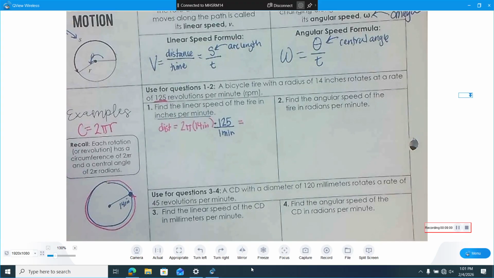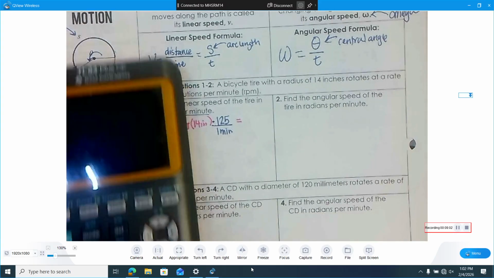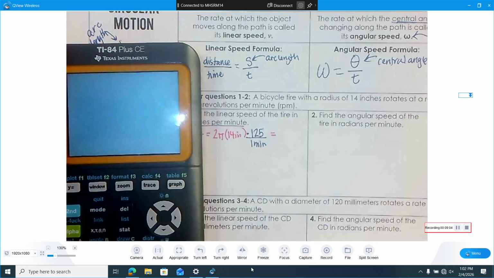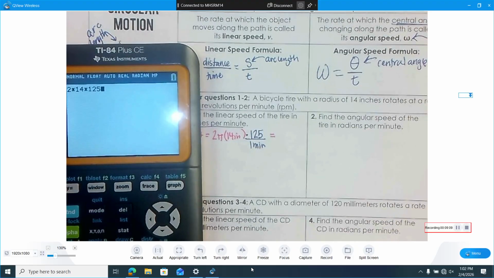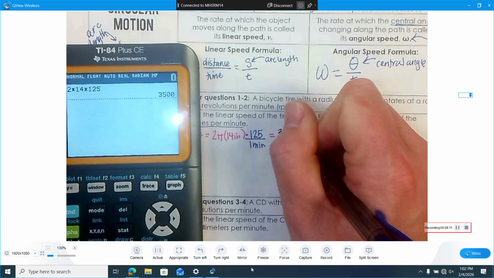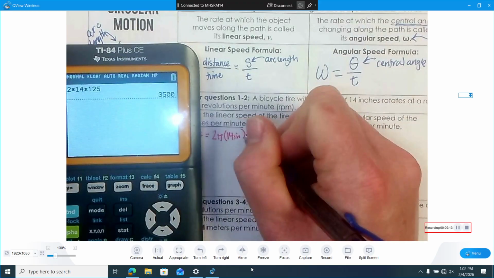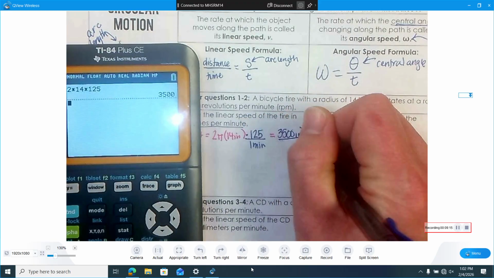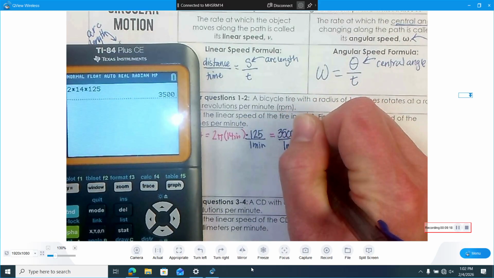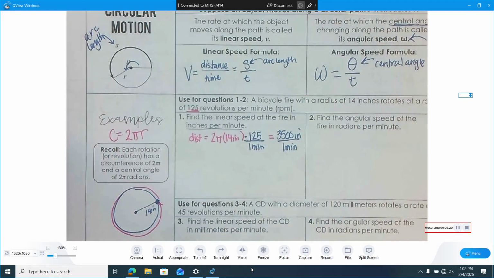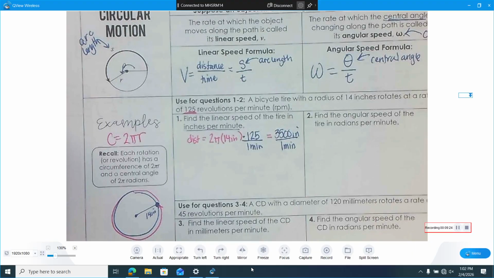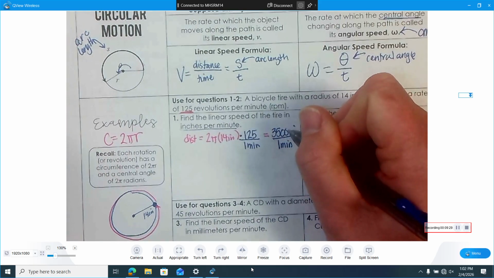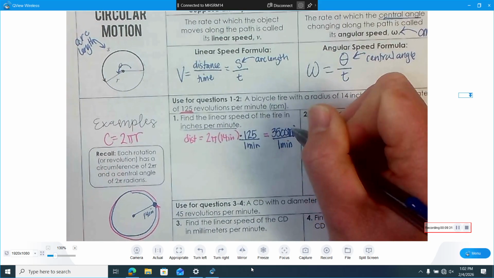It's a long way. In my calculator, I'm just going to leave it in terms of pi. So 2 times 14 times 125, I get 3,500. The unit on top is inches in 1 minute of revolutions. So the distance that little thing traveled was 3,500 pi inches per minute.